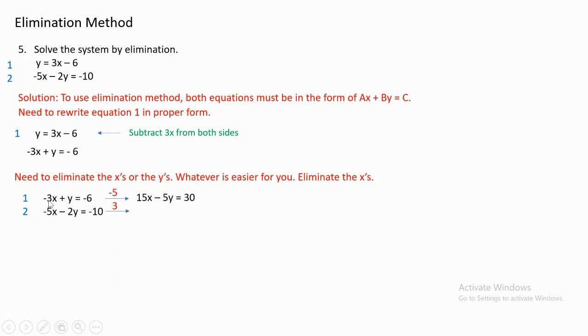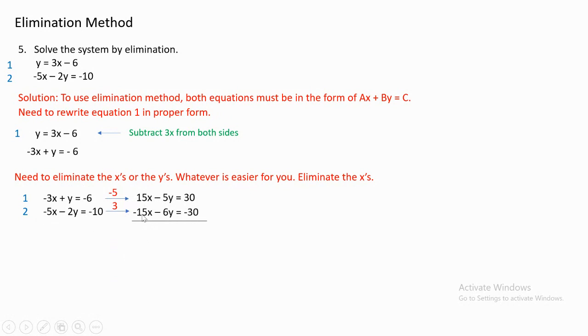So negative 5 times negative 3 will give me a 15, and 3 times negative 5 will give me a negative 15. That way, when we add them, they're going to cancel, or they're going to be 0. So again, negative 5 times negative 3 is 15x. Negative 5 times positive y will give me negative 5y. Negative 5 times negative 6 will give me a 30.